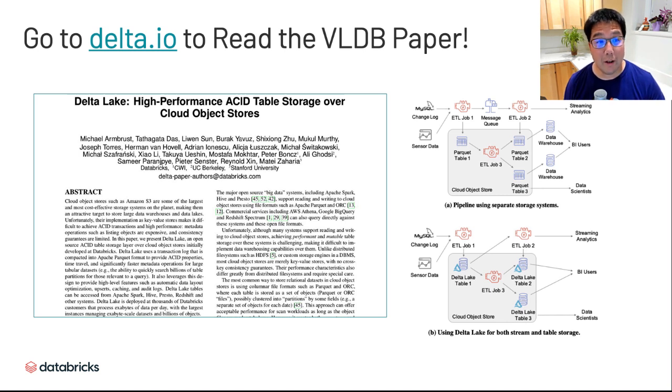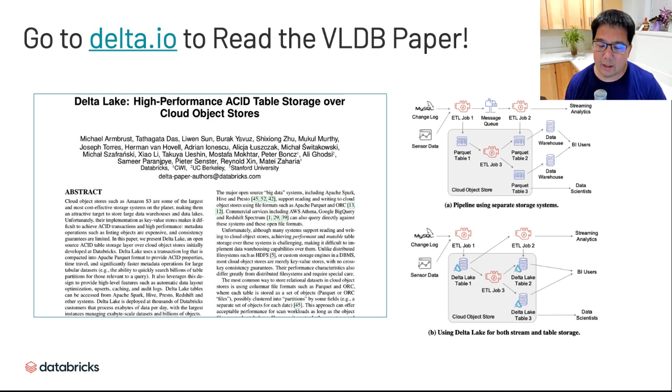So, as well, we recently published the VLDB paper on Delta Lake, high performance ACID table storage over cloud object stores. The paper dives into technical details behind how ACID transactions over cloud object stores, where we commonly build our data lakes, enables the data lakehouse paradigm. Data warehouse-like capabilities on low-cost, high-availability cloud storage.